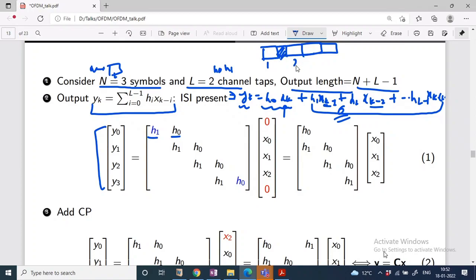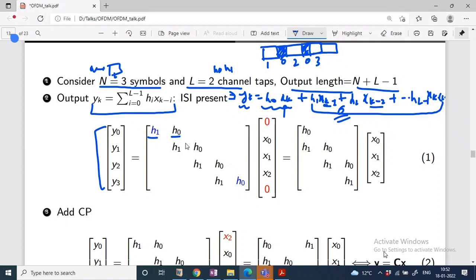This is the second frame, then you again put some guard band, then the third frame and so on. This guard band may be, for example, 0 0. Then first frame, second frame and third frame. What this guard band does is avoid ISI, by making these components 0.